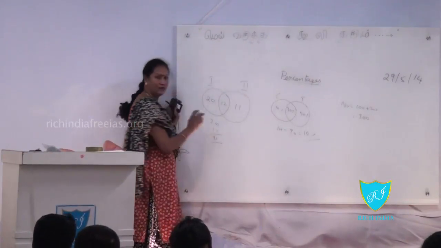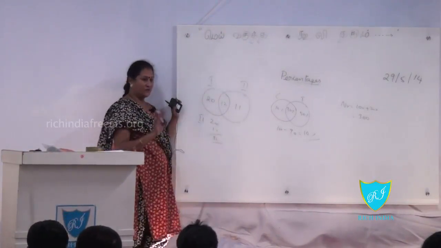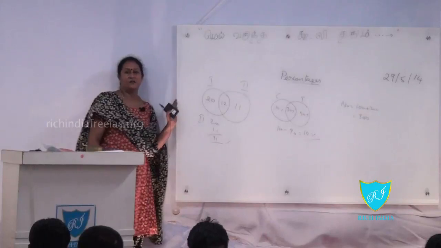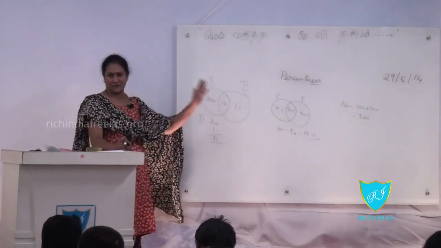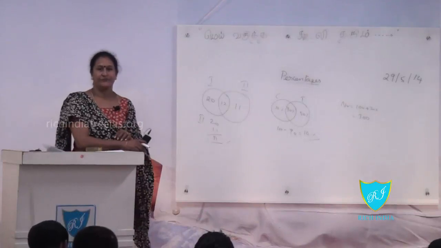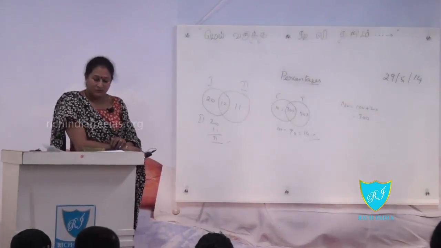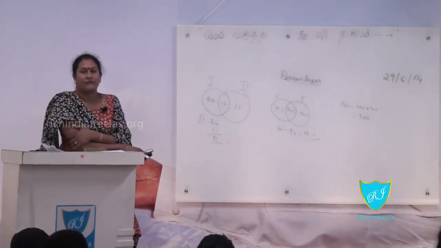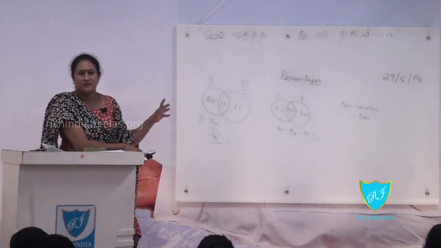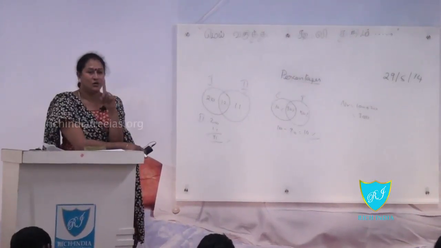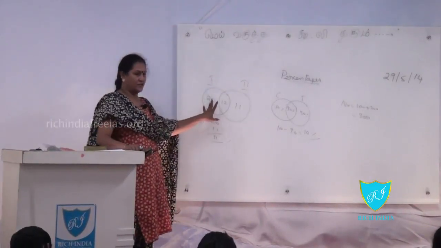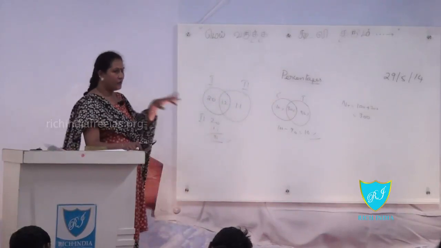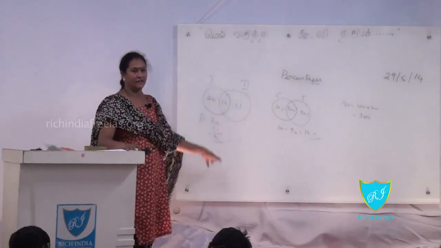So passed in only one is 31, and failed in only one is the same 31. Okay. So passed in both, add all this and subtract from 100. So this is 16%. So you are asked to find how many passed in only one subject. They passed in second, this one passed in first. So 31%. Even if they ask failed, it is the same: failed in first, failed in second, 31. Okay.